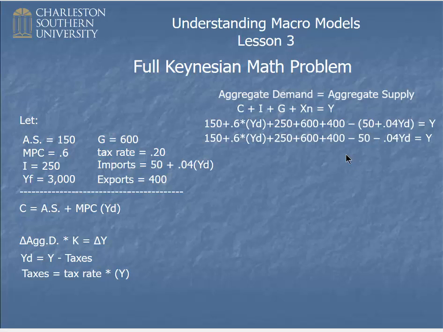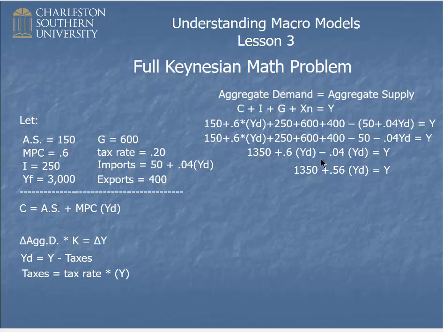Now the next thing I'm going to do is I'm going to gather up all the whole numbers, right? 150 plus 250 plus 600 plus 400 minus 50. I get this number, plus 0.06 YD, that's that, minus 0.04 YD, that's this thing that's left over, equals Y. Now the next thing I'm going to do is I'm going to gather up these YD terms. So I have 1300 minus 0.56 YD.